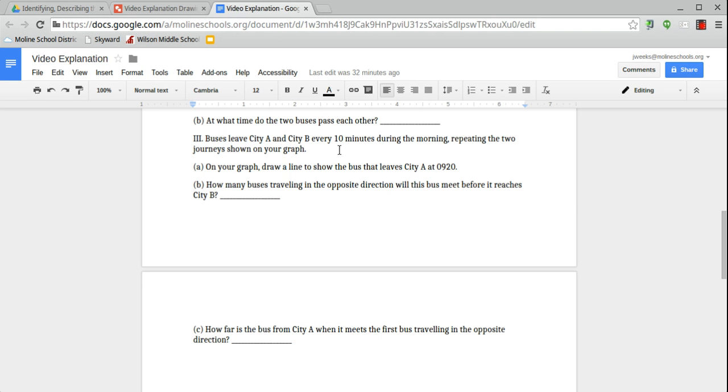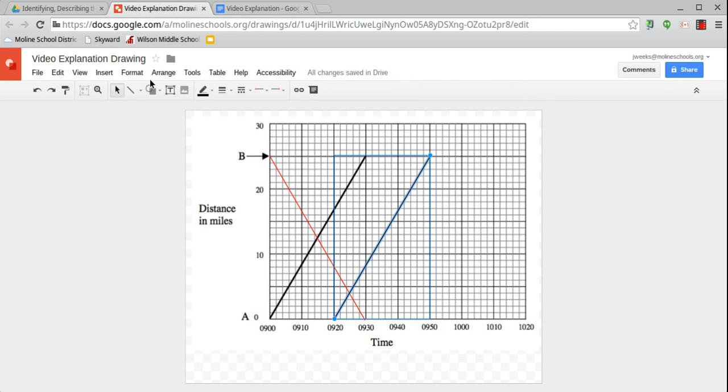Now what do they want me to do with that line? Well, it says how many buses traveling in the opposite direction will this bus meet before it reaches city B? Well, let's go back and think about this for a minute, because it says buses leave every 10 minutes from city B. Every 10 minutes. So let me go back.